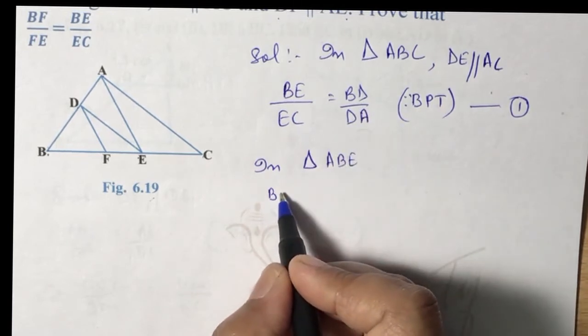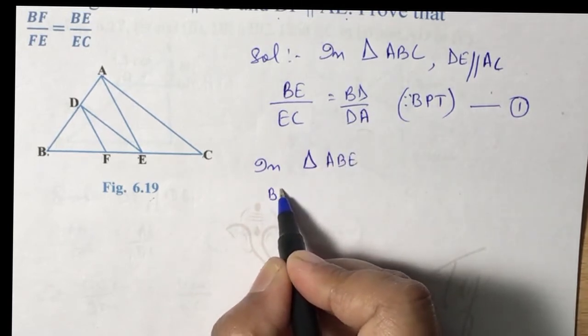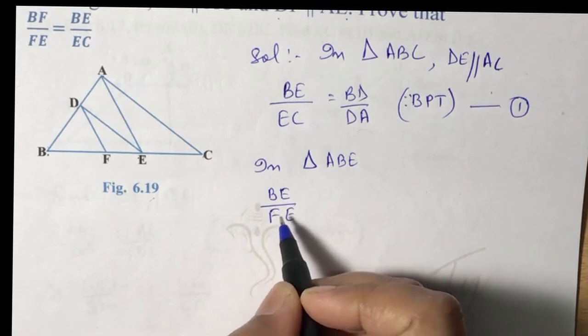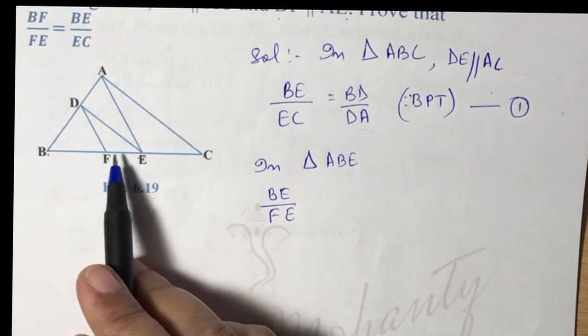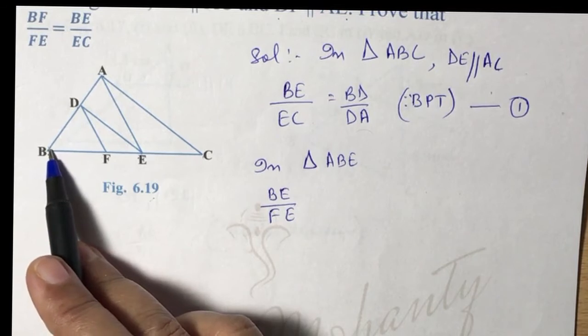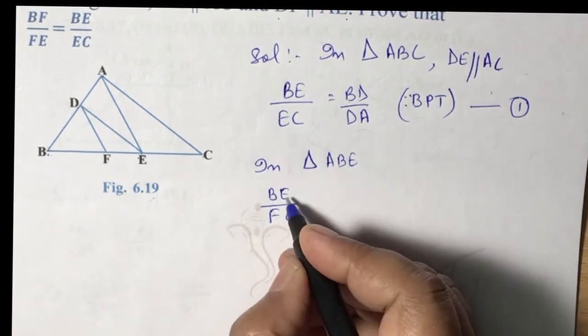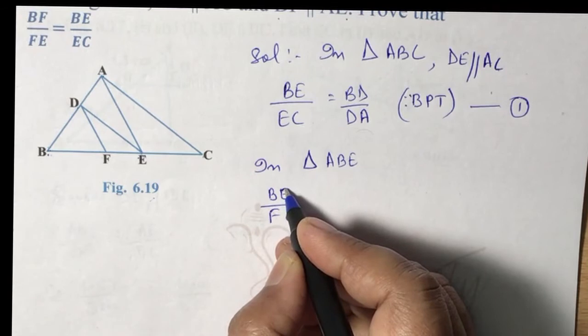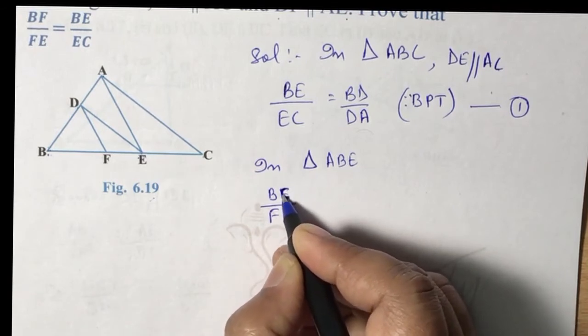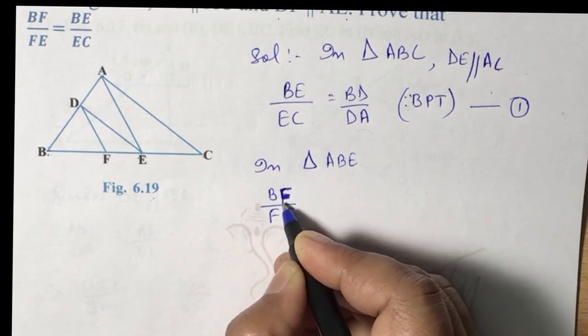Okay. So BE by FE will be equal to BF. This is the mistake I have made.